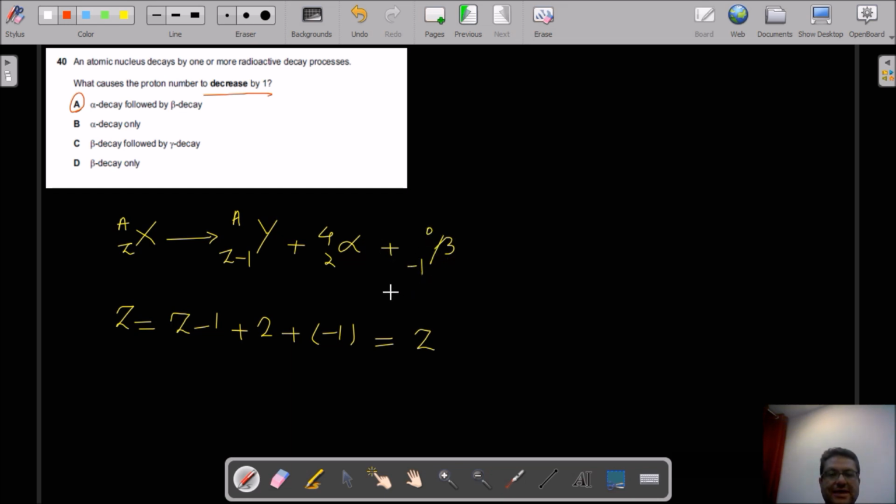Only counting the proton or atomic numbers, I have 2 and negative 1 here. So 2 and Z minus 1, as the question said, equals Z plus 1 minus 1. So we can conclude that we need 1 alpha and 1 beta to decrease the proton number by 1. So we need 1 beta and 1 alpha.